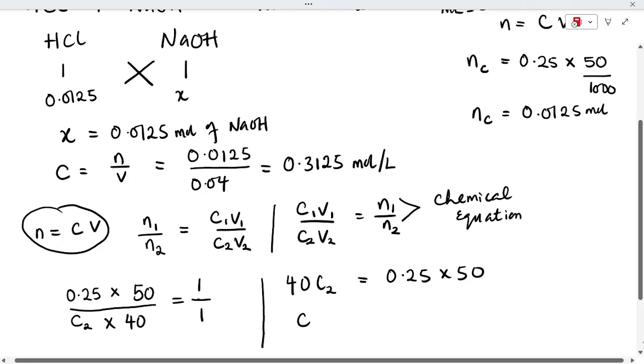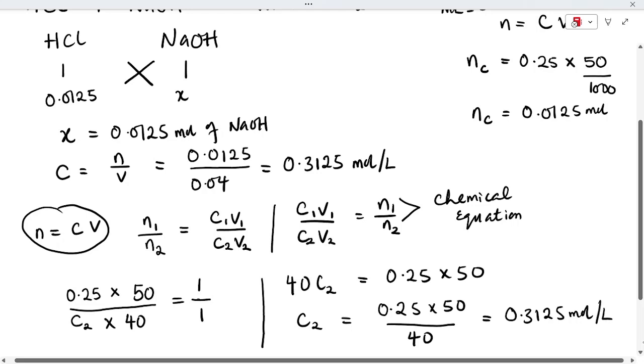So therefore, our C2 equals 0.25 times 50 divided by 40. So you have 0.25 times 50 divided by 40, and you still have 0.3125 moles per liter. Exactly the same answer.